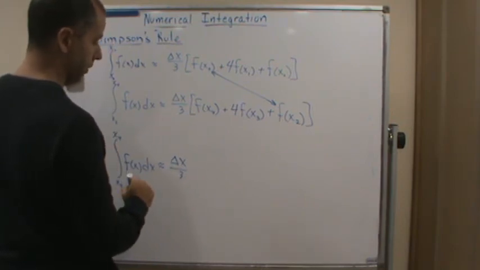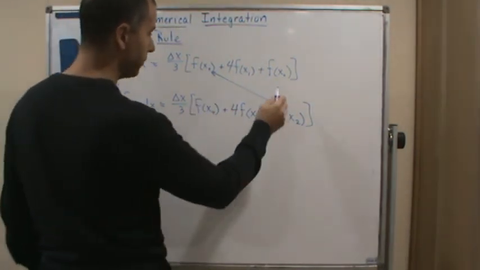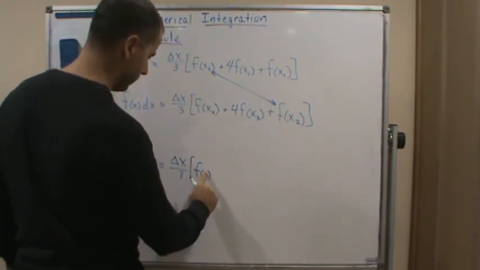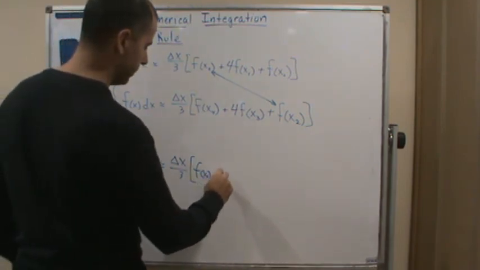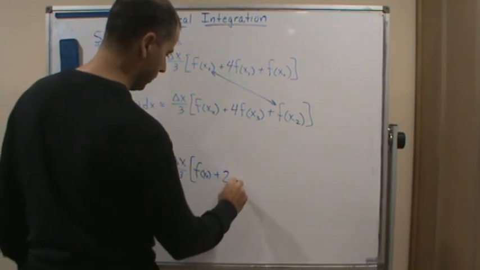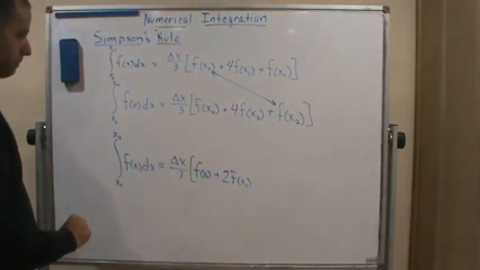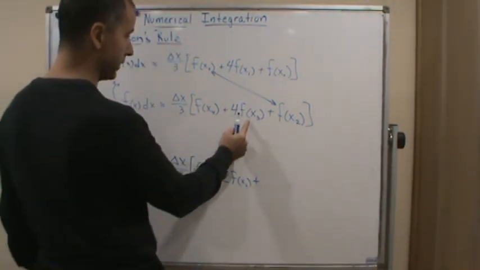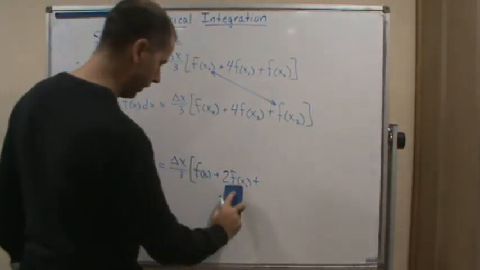So when we add this, we get f of x sub 0, plus f of x sub 2, which is double, so 2 times f of x sub 2. And then what about f of x sub 3? Well, oh, I skipped one. Sorry.